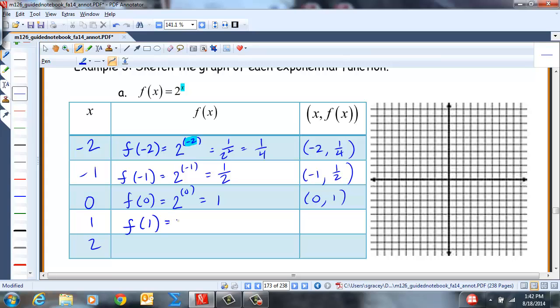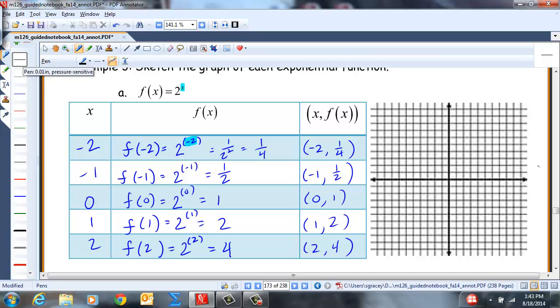F at 1 is 2 raised to the 1, which is 2. And finally, f at 2 equals 2 raised to the 2, which is 4. So you end up having this graph.